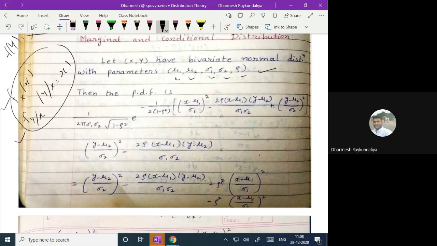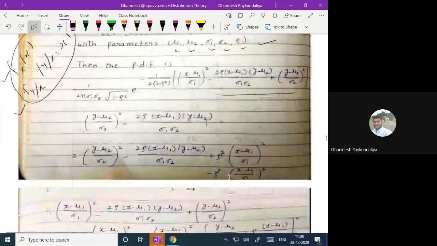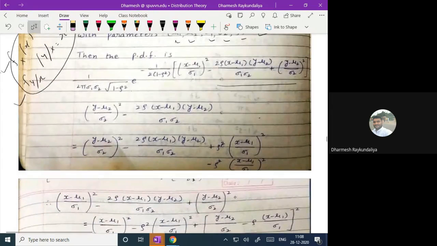Now, if I write this part, that is (y minus mu2 upon sigma 2) square minus 2 rho (x minus mu1)(y minus mu2) upon sigma 1 sigma 2, first I will add and subtract this quantity, rho square (x minus mu1 upon sigma 1) whole square.